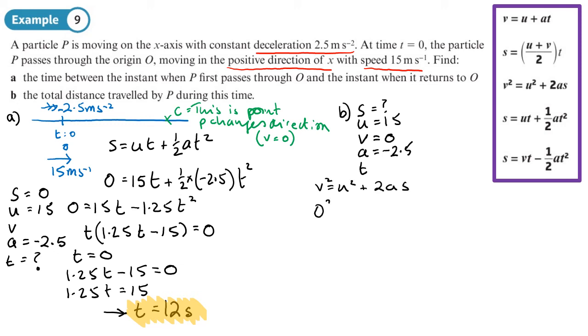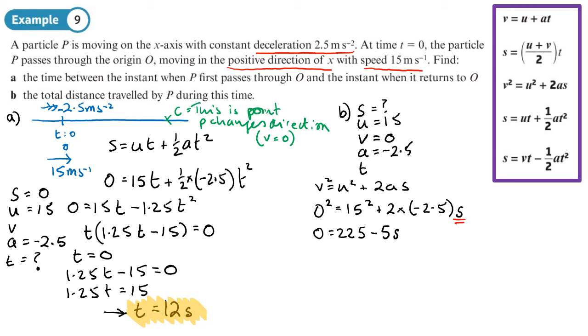So we've got 0 squared, now we just substitute. U is 15, plus 2 times negative 2.5 times S, so that's what we need to find. Remember, that's an S here, not a 5. So that will give us 0 equals 225, and then the 2 times negative 2.5 will be negative 5S.